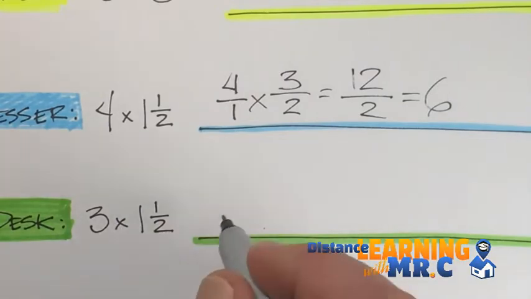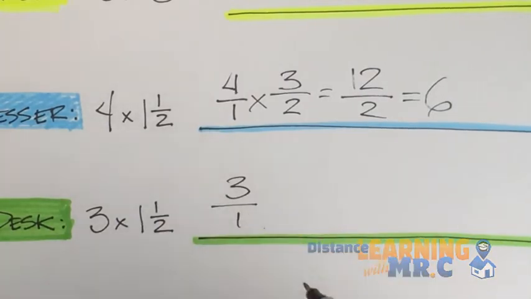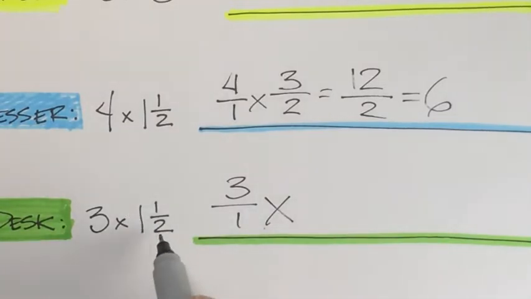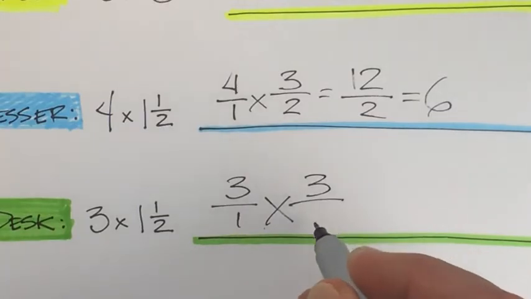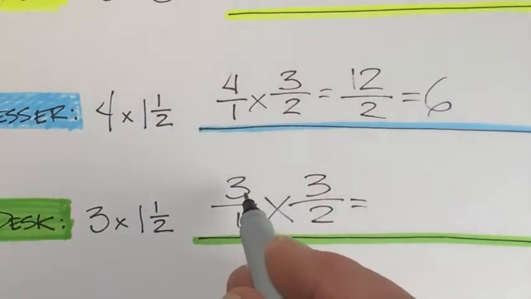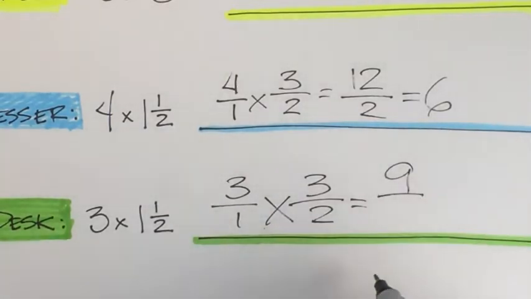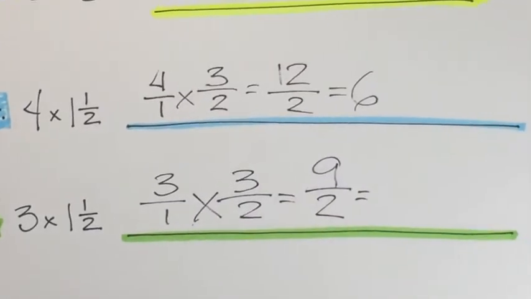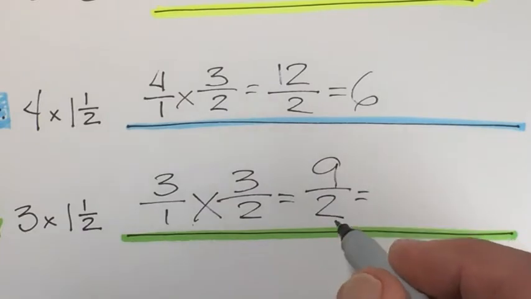And we're back. So 2 times 1 is 2, plus 1 more is 3. So 3 halves. 3 times 3 is 9. 1 times 2 is 2. And now we have 2 divides into 9.